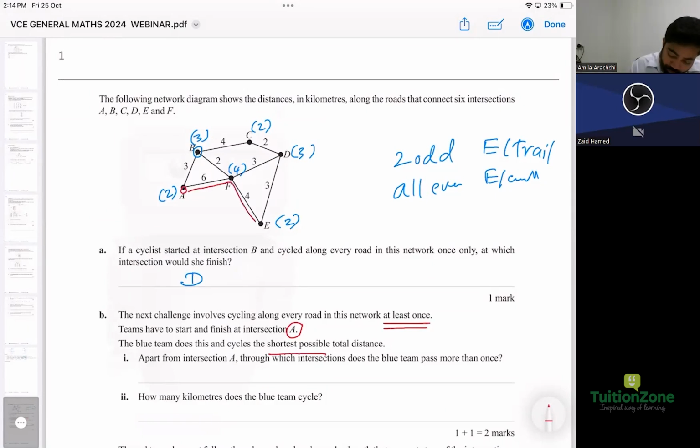You can try different methods, there's no issue, as long as you go through all the roads.